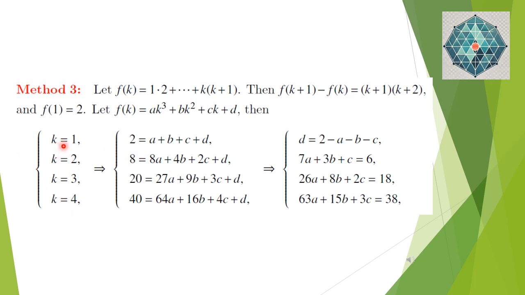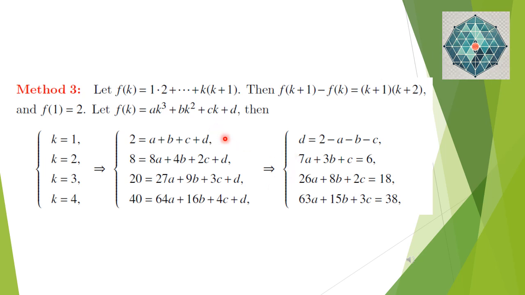When k equals 1, we get 2 equals a plus b plus c plus d. When k equals 2, we get 8 equals 8 a plus 4b plus 2c plus d. When k equals 3, we get 20 equals 27 a plus 9b plus 3c plus d. When k equals 4, we get 40 equals 64 a plus 16b plus 4c plus d.